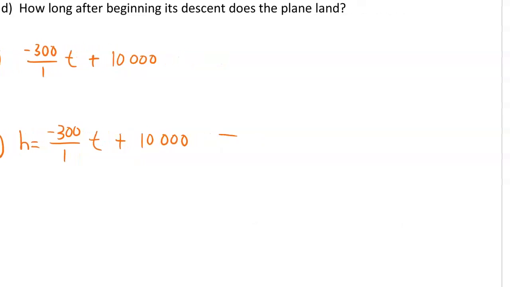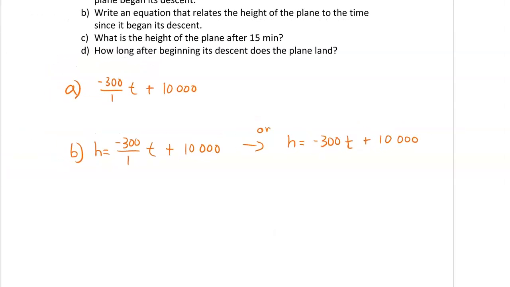Now, if we wanted to, this could also be h equals negative 300 t plus 10,000. If you don't put it over 1, that is okay, because that 1 on the bottom isn't going to affect anything.